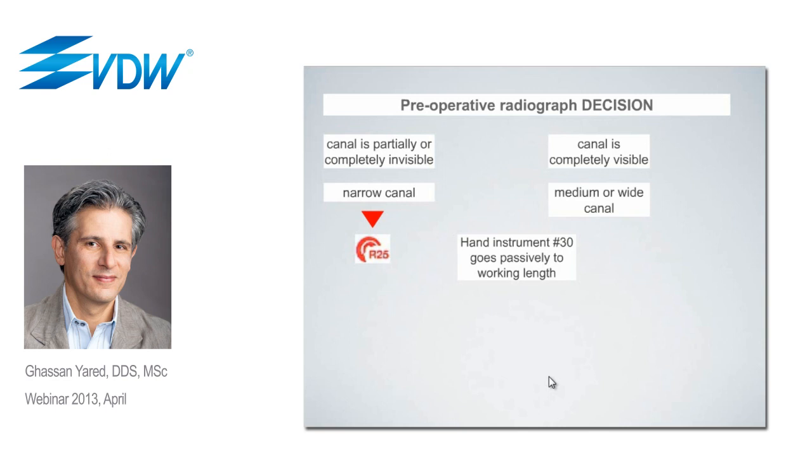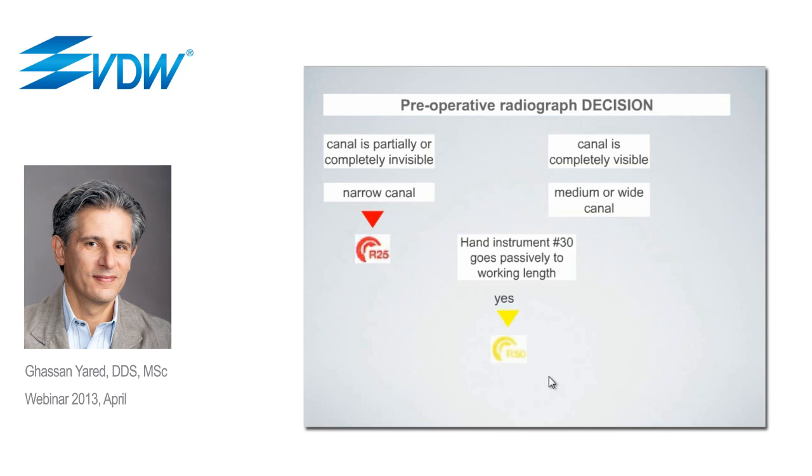The instrument will either reach length or it will not reach length as indicated by an apex locator. If the instrument reaches length passively without any cutting, then we know that the canal is very wide, and this is a case where we will use the R50 for the canal preparation from the beginning, no other instruments.